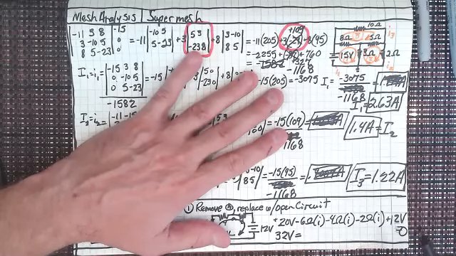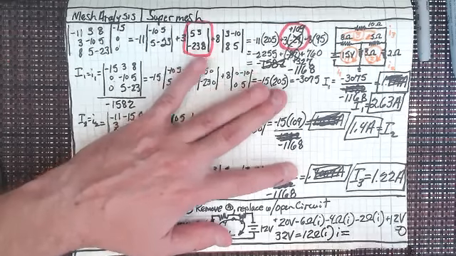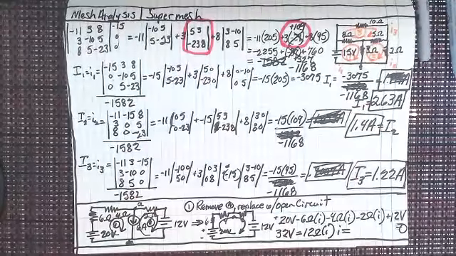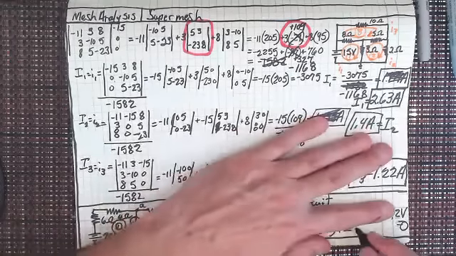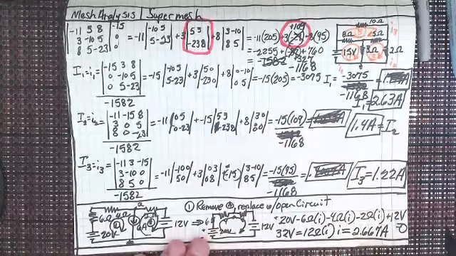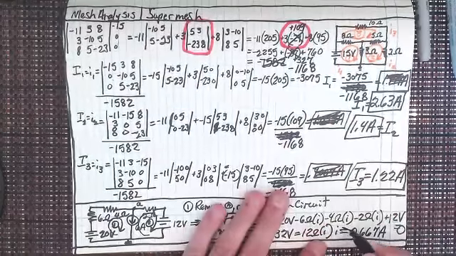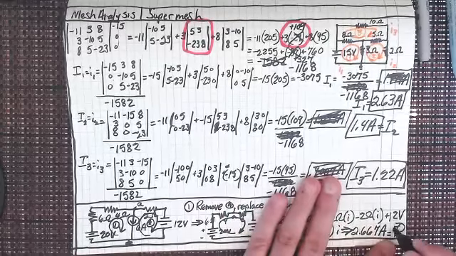Take the minus and throw it on the other side, and that gives me 12 ohms times I, or I equals 32 divided by 12, which is 2.667 amps. I'm just going to put that equals I.